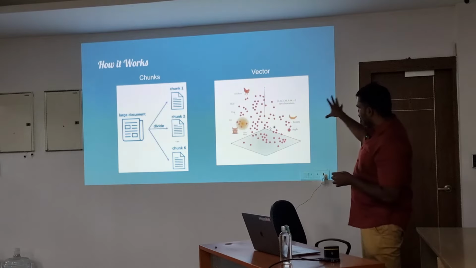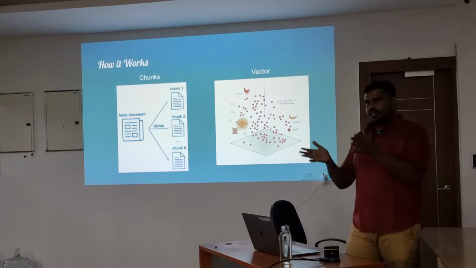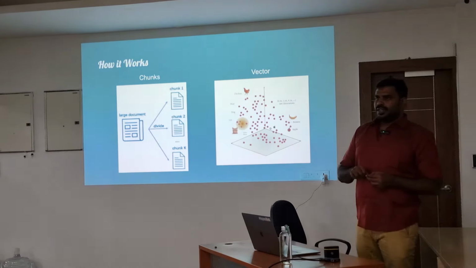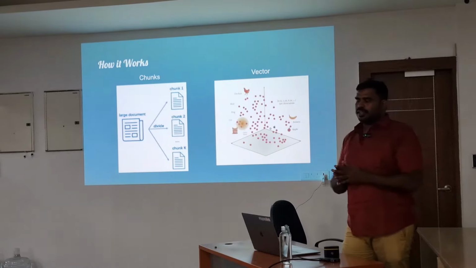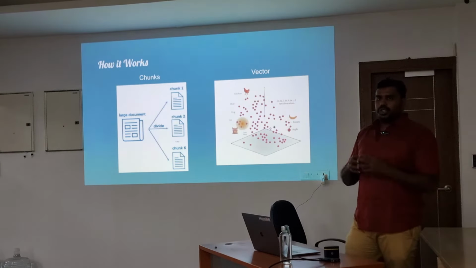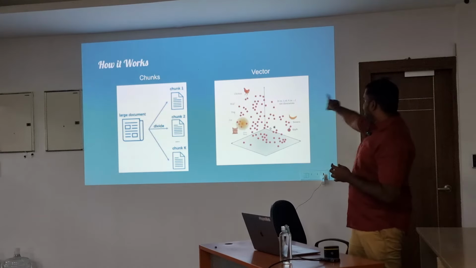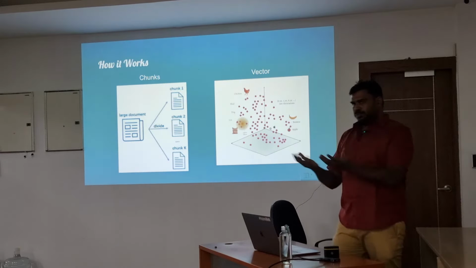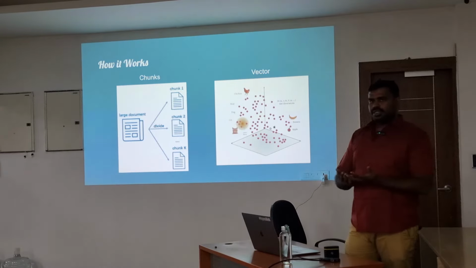It is not a fully visualized thing, but we all know two-dimensional and three-dimensional vectors. We can even understand four-dimensional, but beyond that it is very difficult for a human being to visualize those dimensions. So imagine this is a 300-dimension vector space.